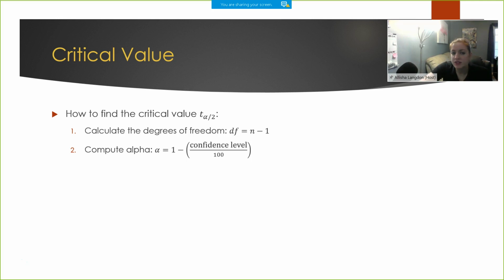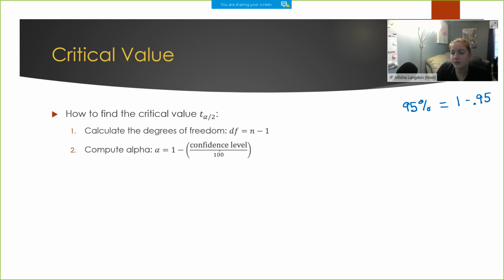You also have to compute alpha. Now, I'm going to quickly compute alpha for a couple values. For 95%, alpha is going to be 1 minus 0.95.